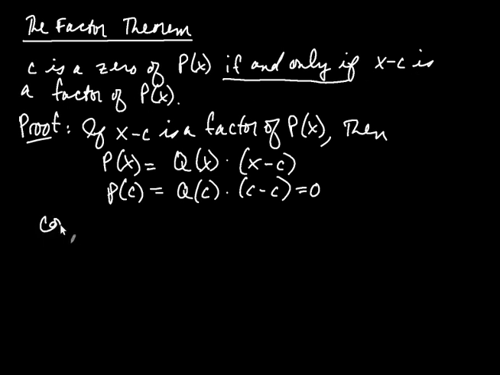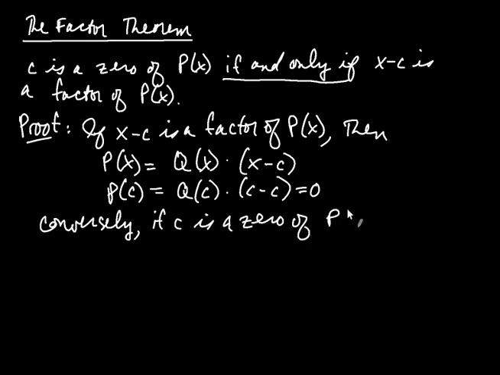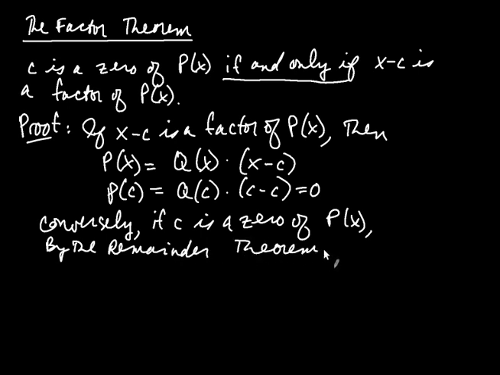So conversely, to show the other direction: if c is a 0 of p of x, then by the division algorithm, by the remainder theorem, we can write p of x is equal to q of x times x minus c plus p of c.